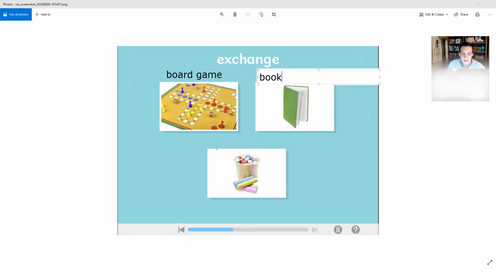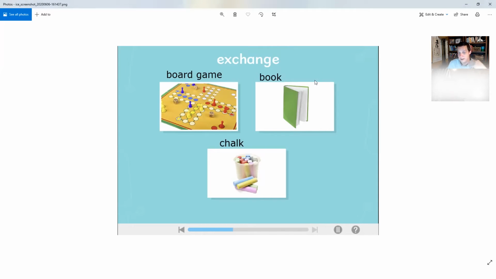Book. Yeah, a book. And then we have this one here. If you like to draw on the ground, you might use this one, which is called chalk. Chalk, yeah. So you've got a board game, book, and chalk. Which one would you like to have? Board game. You want a board game.